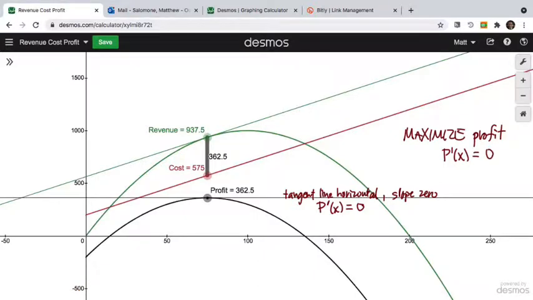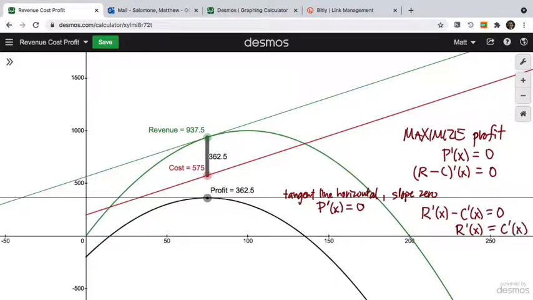If I have the revenue function and the cost function, I subtract them to get my profit function. But if I take the derivative of a difference, it's the difference of the derivatives. So the derivative of r minus c is the derivative of r minus the derivative of c. But if r prime minus c prime is equal to 0, that means r prime is equal to c prime, just by adding c prime to both sides.